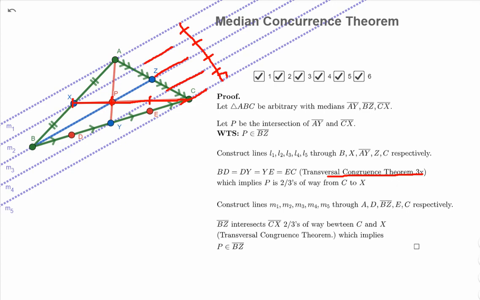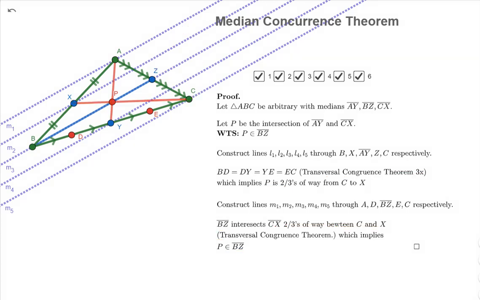If the median BZ intersects CX 2/3 of the way between C and X, then it intersects it at P, because that's where P is located. Now we know that the median BZ actually goes through the point P. So now I know that all 3 of the medians are concurrent at this point P.